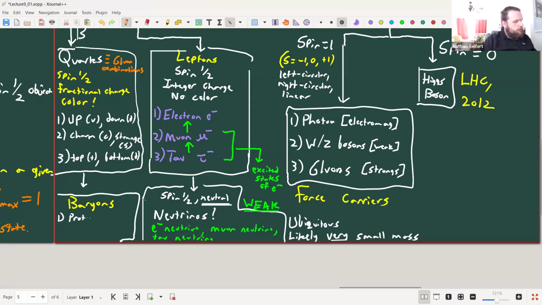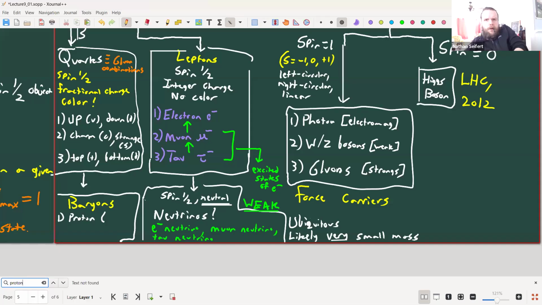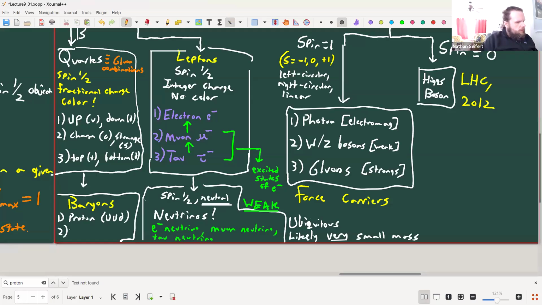The two lowest energy ones. There's the proton, which I think is, let me just double check, yep, it's up, up, down. So this is two up quarks and a down quark. And then there's the neutron.